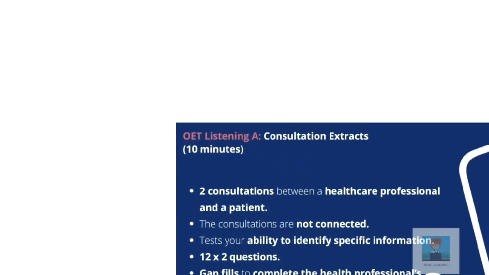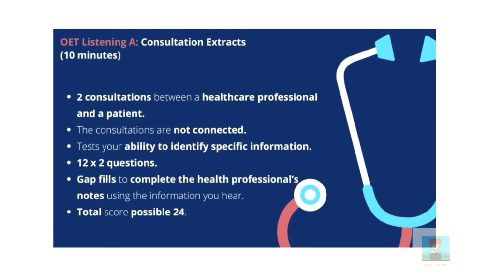Part A is when you'll hear consultation extracts. You'll hear 2 consultations between a healthcare professional and a patient. The consultations are not connected. This part tests your ability to identify specific information, for example, the nature of an injury, the duration and its effects.